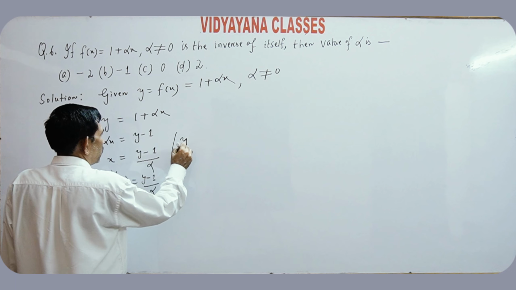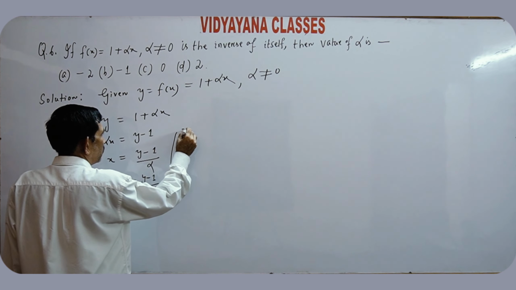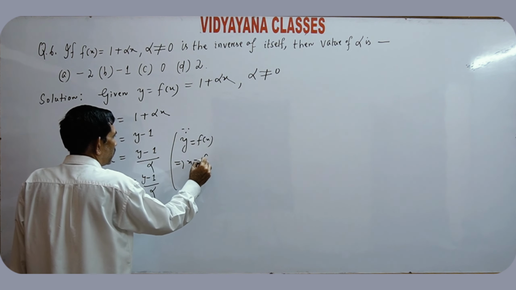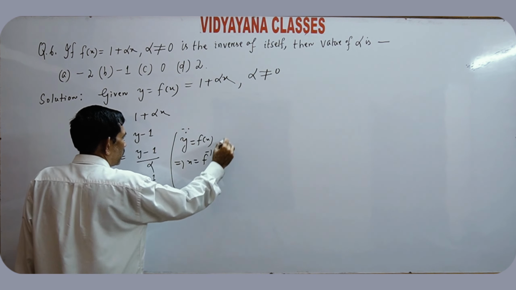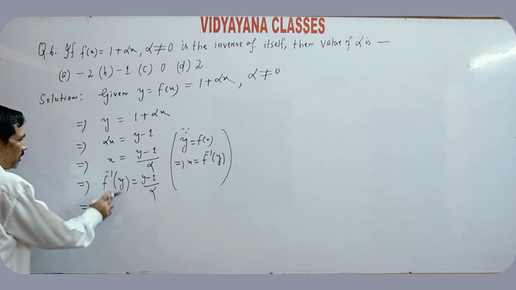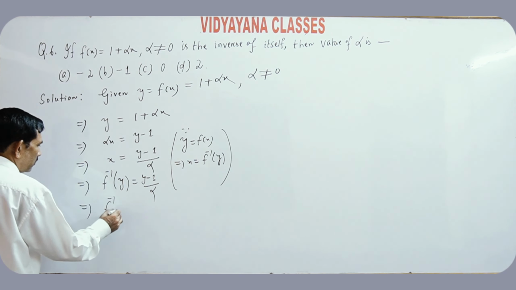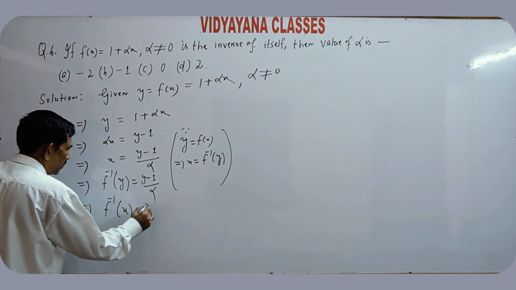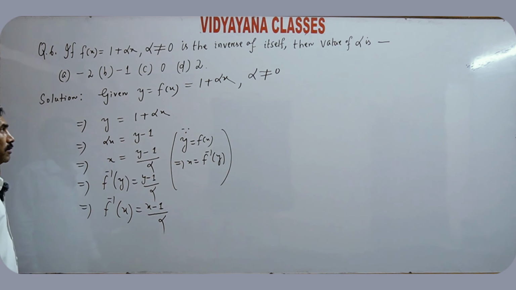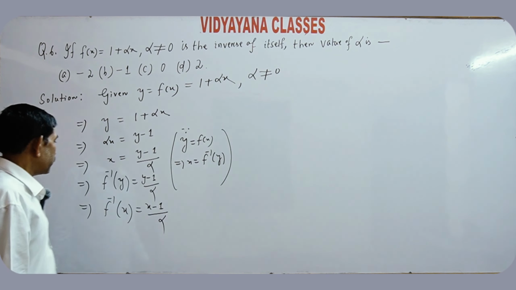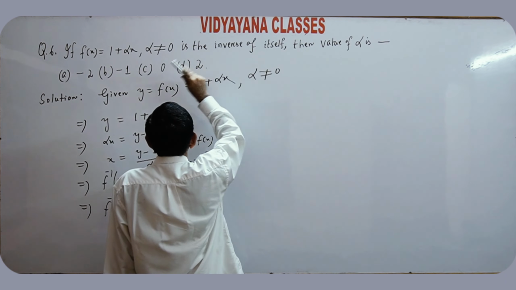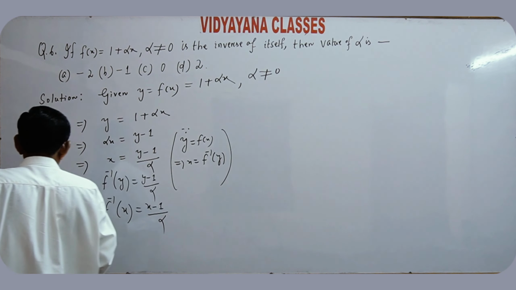Since y is equal to fx, implies x equal to f inverse y. Replacing x for y, f inverse x is equal to (x minus 1) divided by alpha, alpha not equal to 0. Given inverse of the function is itself.